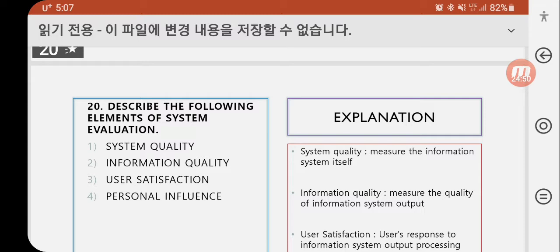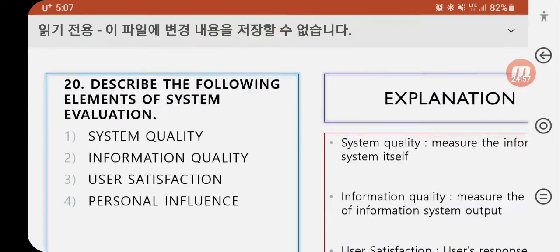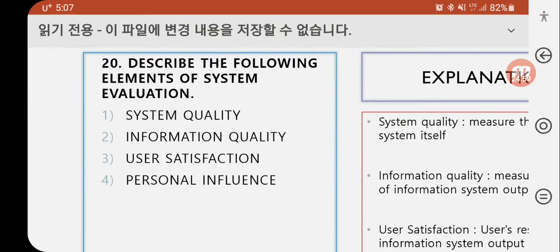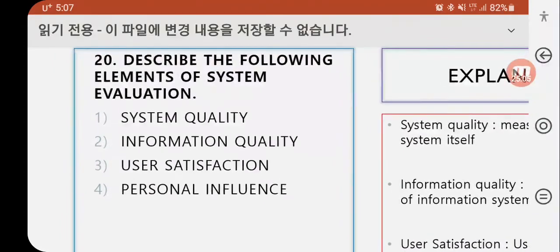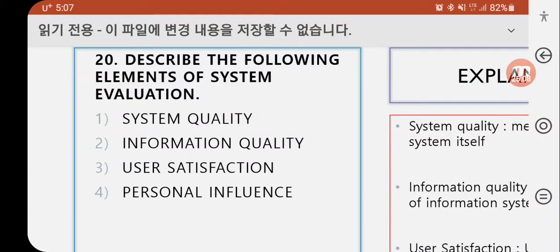Describe the following elements of system evaluation. System quality, information quality, user satisfaction, personal influence.